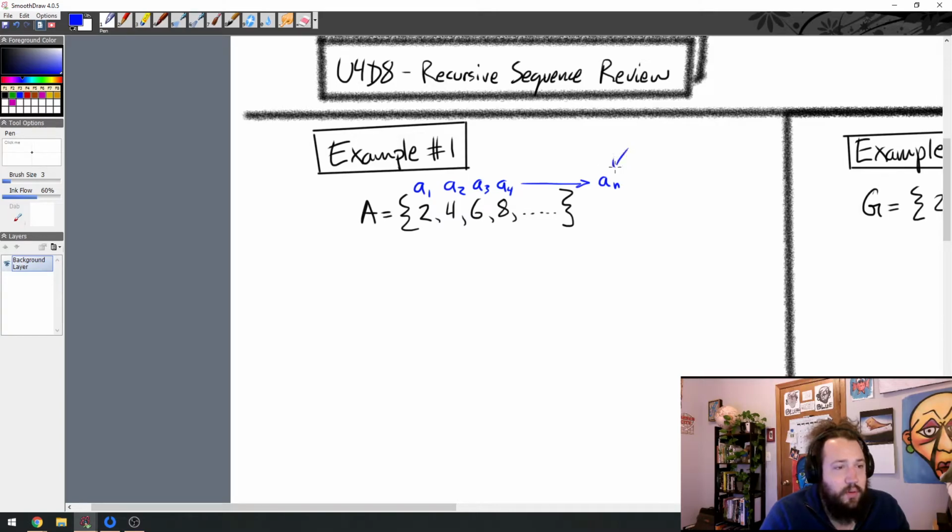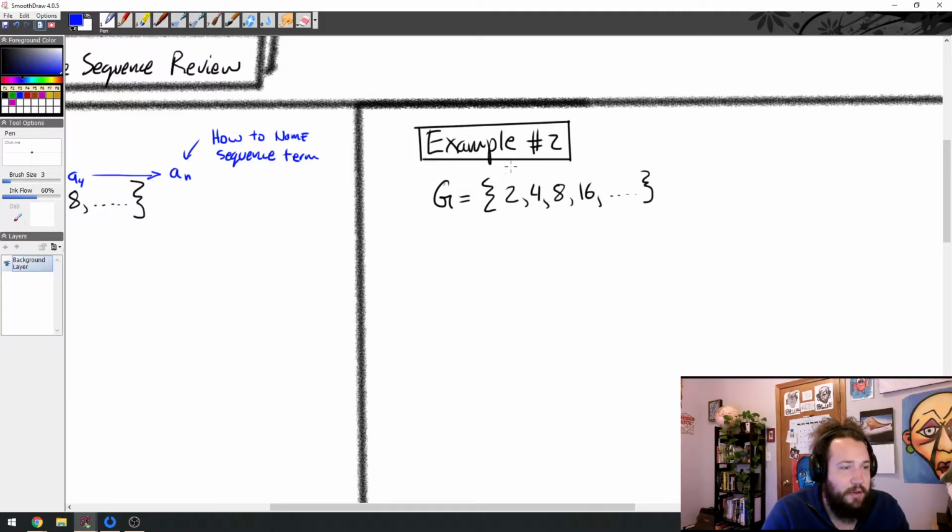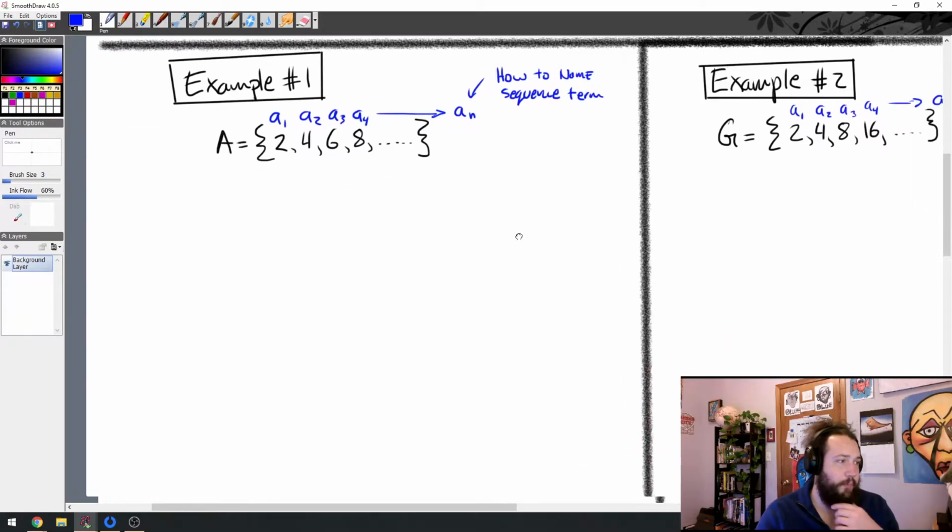This is how to name a sequence term. Same thing over here, it would be the exact same naming structure. This would be A1, A2, A3, A4, all the way out to AN. Usually we use N because that implies that this could go forever, which it can.